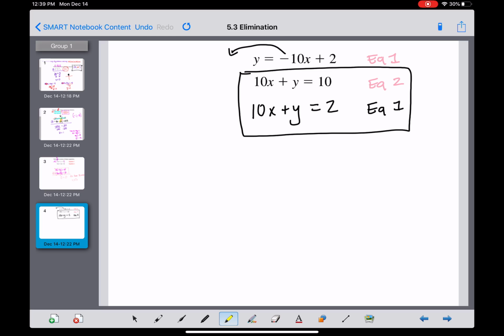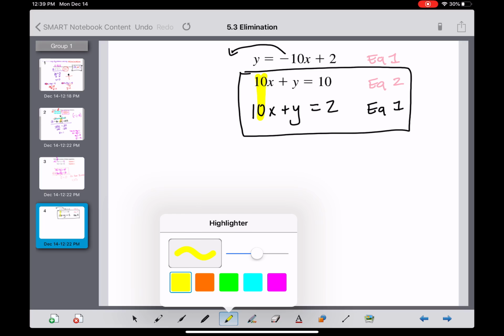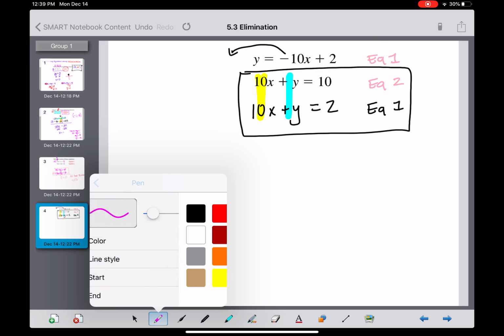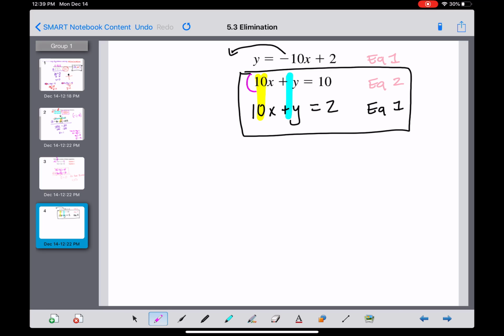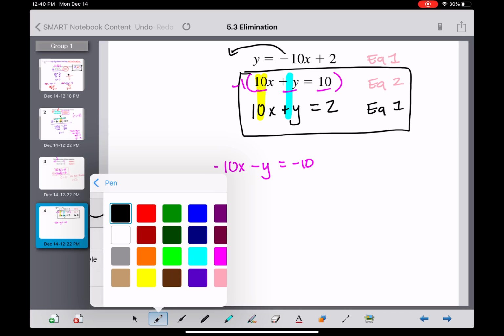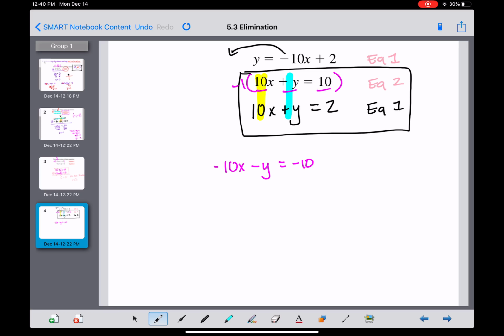I don't have opposites. I have close to opposites with both of my variables. So in order to create opposites, I'm going to multiply equation number 2 by negative 1. So I'm left with negative 10x, negative 1y is equal to negative 10, making sure that I multiply every single term.